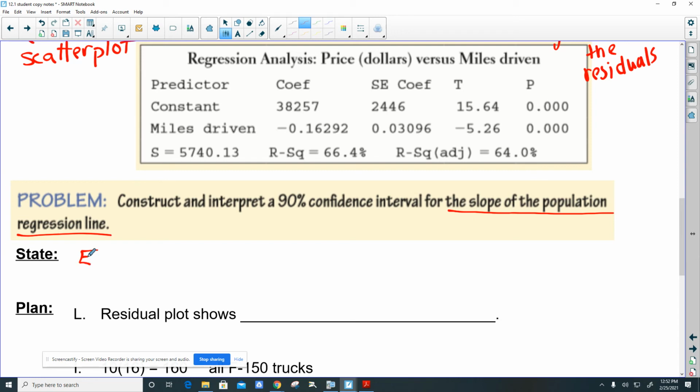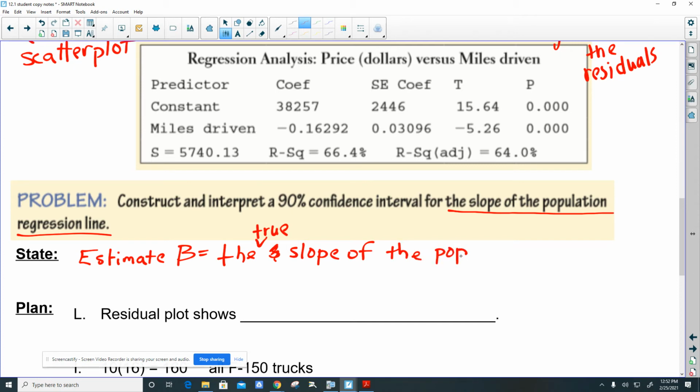So what we're going to be doing is we are looking to estimate beta, which is, and I'm just going to write what I underlined right above, maybe I'll say this is the true slope of the population regression line. And I really should be a little bit more specific and say relating miles driven and price.